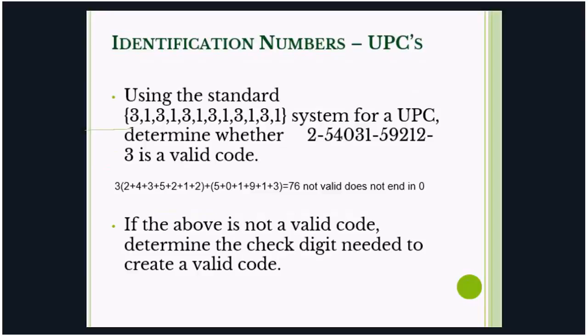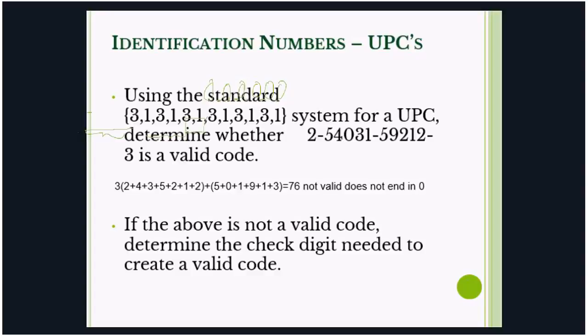So that's the 2, 4, 3, 5, 2, 2. And you're going to add up all those together and multiply it by 3. Then everything that's in an even place, you're just going to add those values up together. When you do that, that gives you 76.